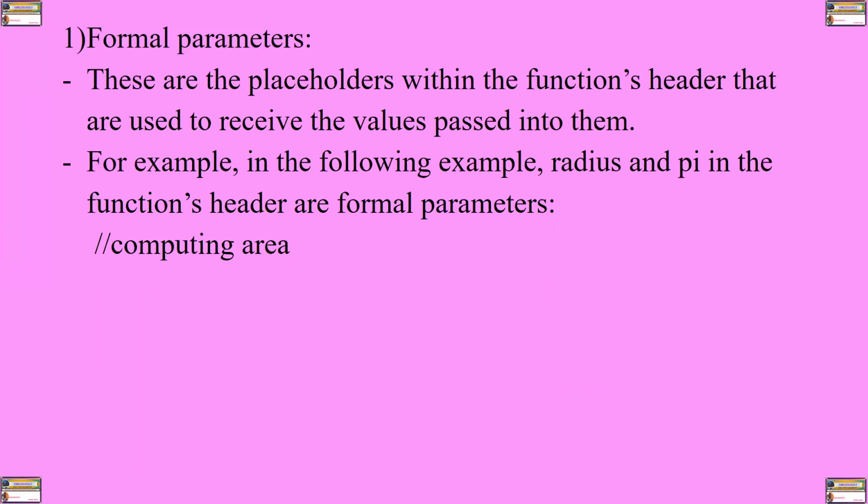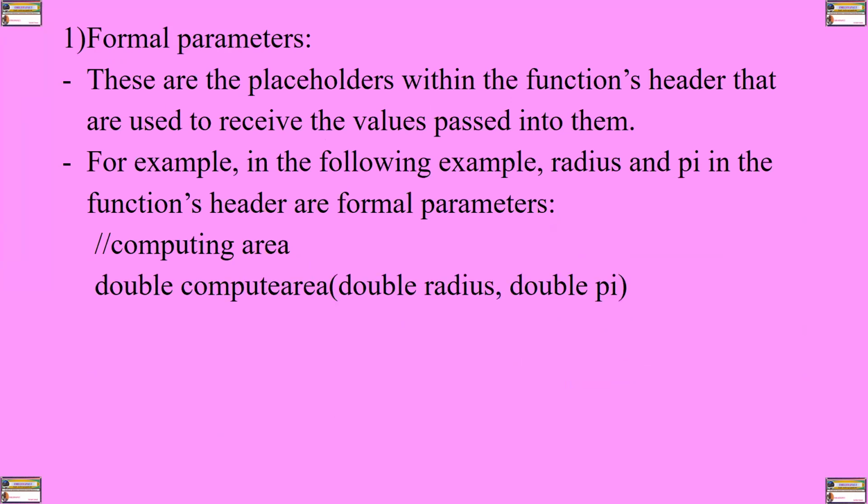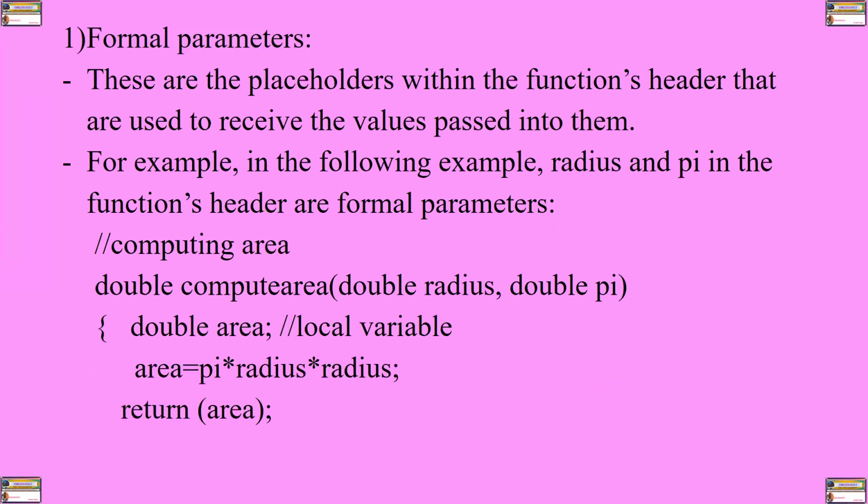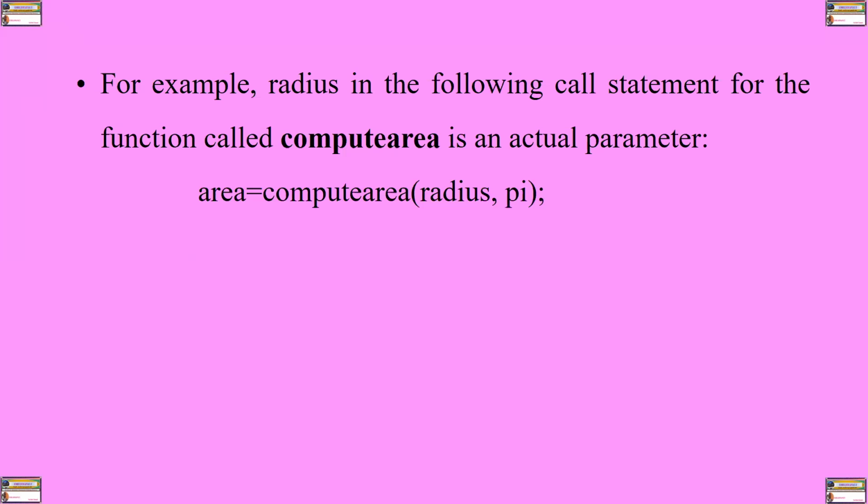Now, if you look at this header statement here, the name of the function is compute area. You can see it is supposed to receive two parameters in the following order, radius and pi. And therefore, when we go to our actual parameters in the call statement for the function called compute area, you can see that we are enclosing two values in this call statement. That is radius and pi.